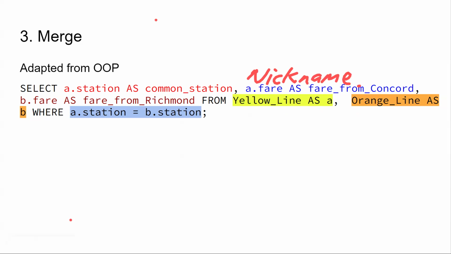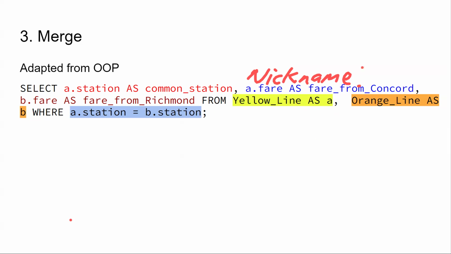When I say nickname, I'm referring to yellow line. For A, it's referring to yellow line: the official name is just yellow line, and the nickname is A. So A now equals yellow line, and B equals orange line.